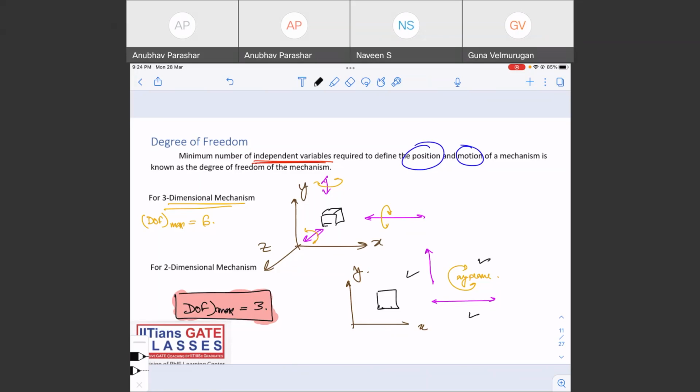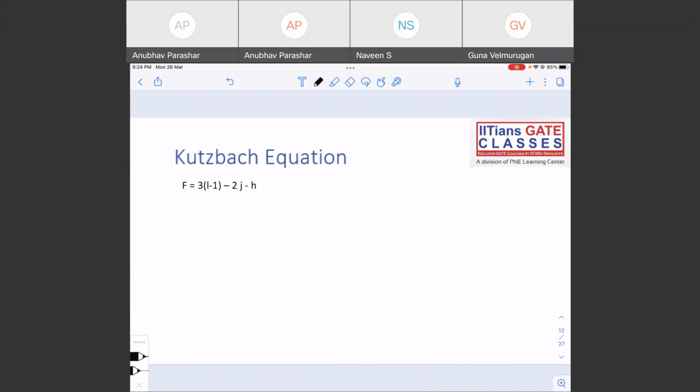This is what we are concerned about because our syllabus mentions planar mechanisms, or simple mechanisms. So for us, the maximum degree of freedom will be 3, right?